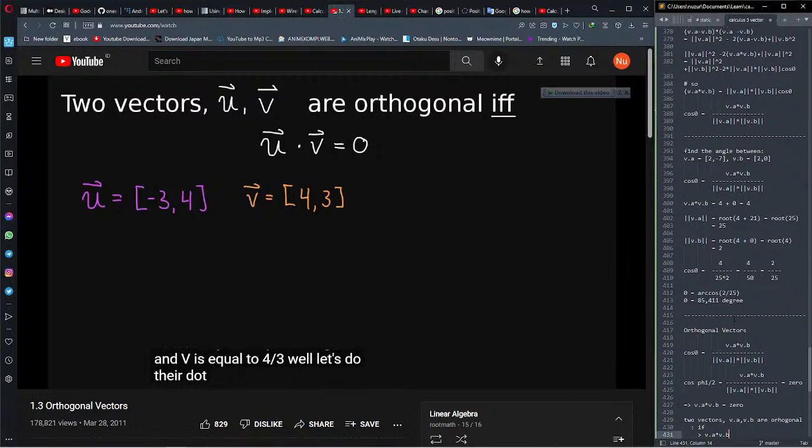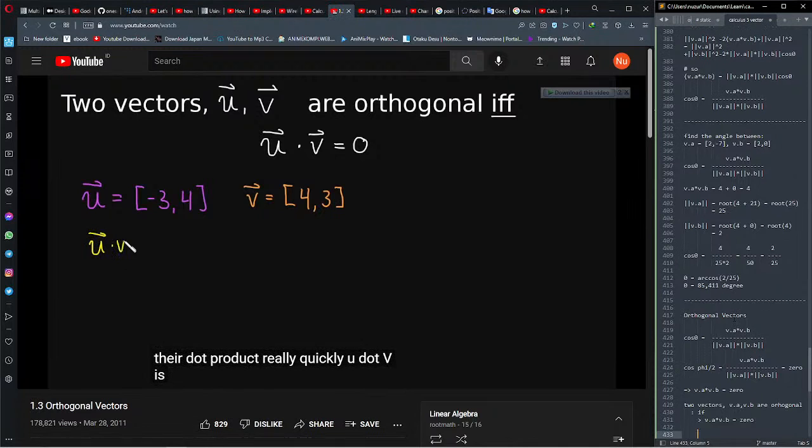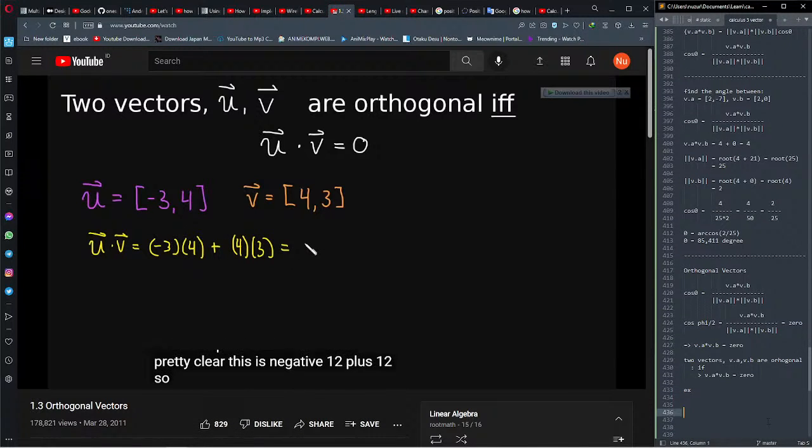Well, let's do their dot product really quickly. u dot v is equal to -3 times 4, plus 4 times 3. Well, it's pretty clear this is -12 plus 12, so that's 0. So by definition, these two vectors are orthogonal.